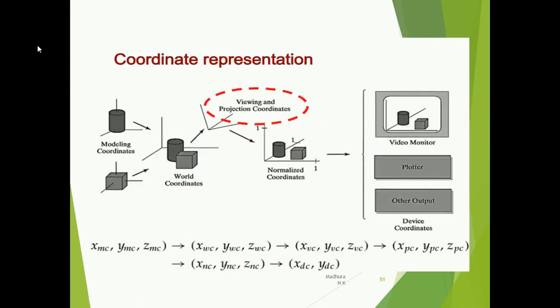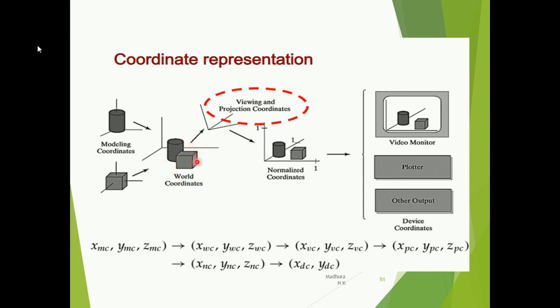So let us see the coordinate representation. Whenever you are going to display any object, initially your object will be initialized using modeling coordinates. These modeling coordinates have to be combined to form world coordinates.